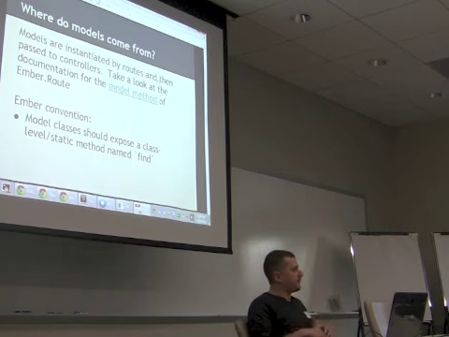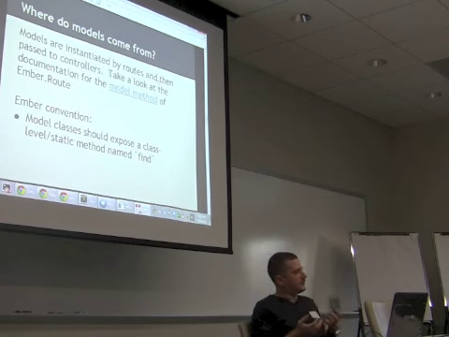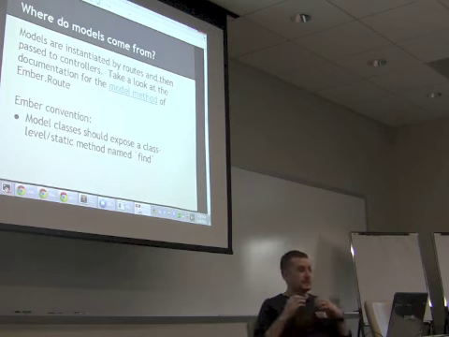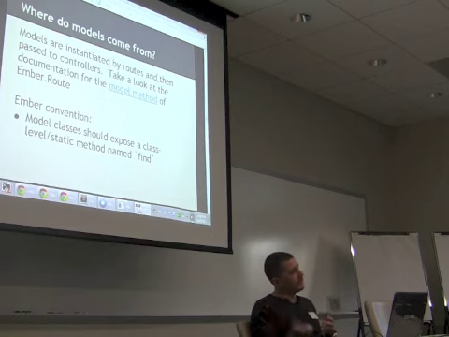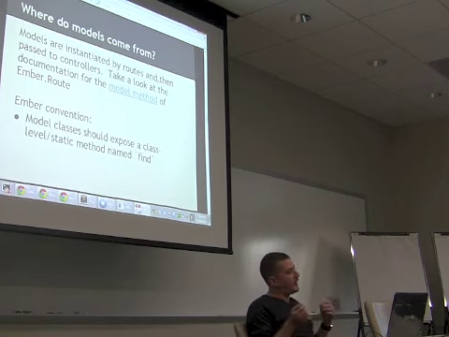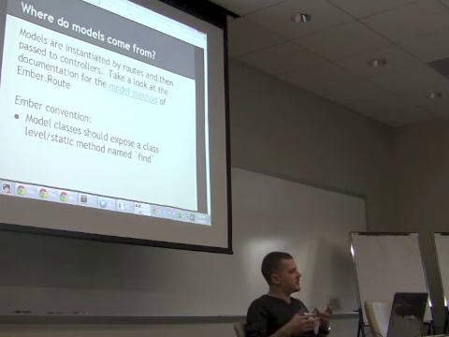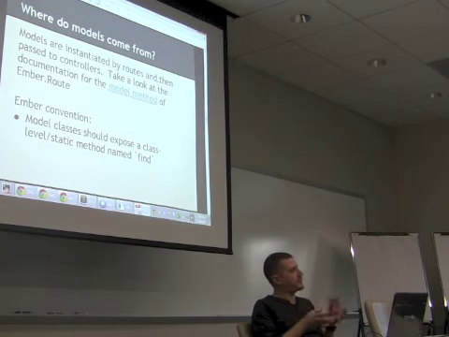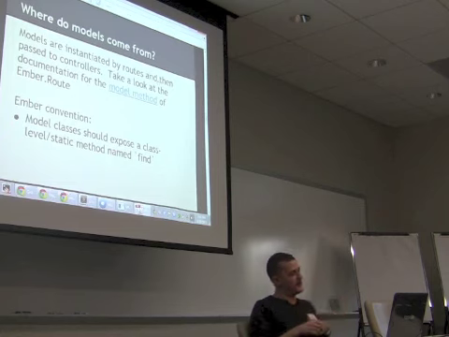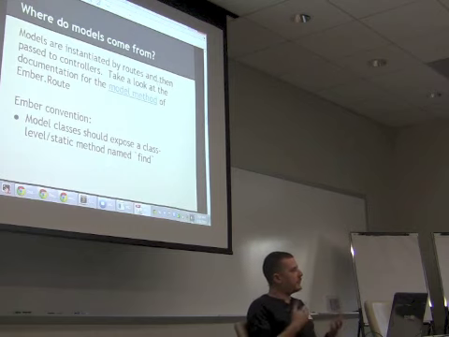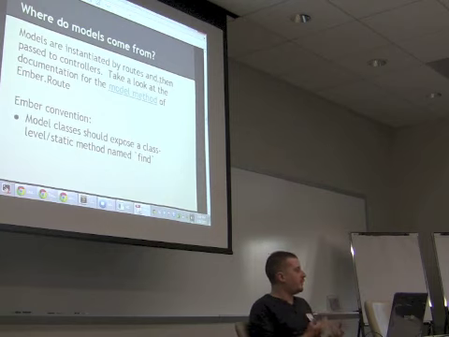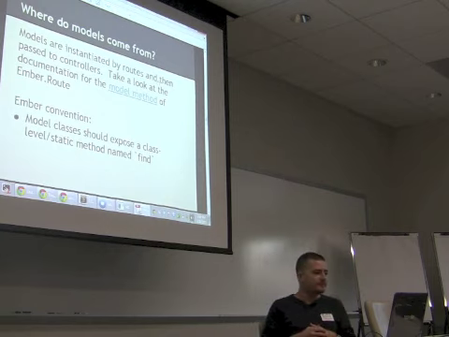So a route wakes up because you've entered the application, and one of the things that a route does is it instantiates your model and passes it on to a controller, and it also does views and puts them in DOMs and stuff. But that action of instantiating the model and passing it to the controller is sort of a convention in Ember that Ember Data makes use of, and that if we're going to come up with our own models, we would probably want to follow along with that convention too.